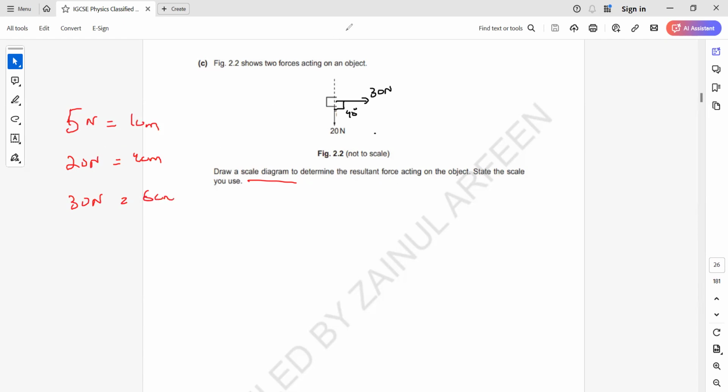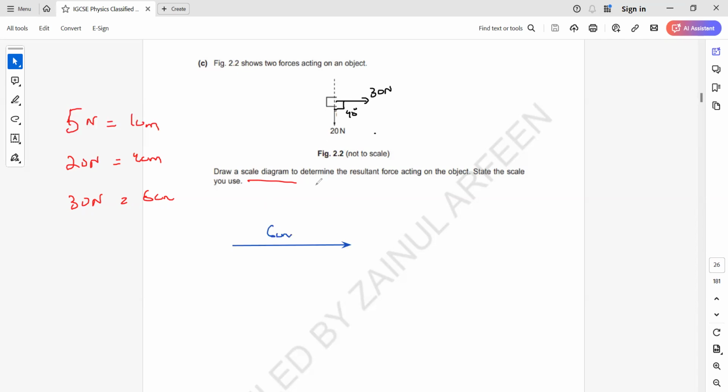Now, how to do a scale diagram? First we'll draw, or even if you're doing a Pythagoras, you should make a triangle. Even if it's an acute angle or obtuse angle, the method remains the same. But for a 90-degree, you can use both calculation and the scale diagram. First we can draw any of the vectors, it's up to you. For example, I'm drawing 30, which is 6 centimeter, in the same relative direction.